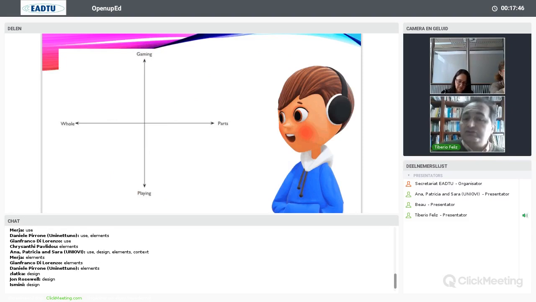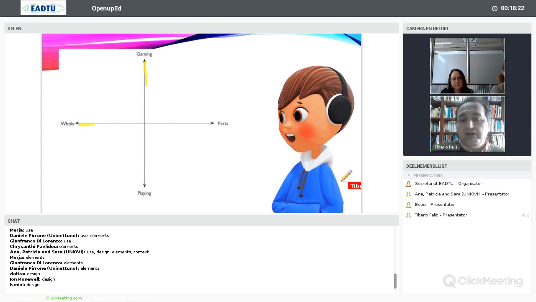To understand or analyze this relationship, we are drawing two axes. In the vertical one, we are analyzing playing and gaming. And in the horizontal one, we are analyzing the game as a whole or as parts, okay?